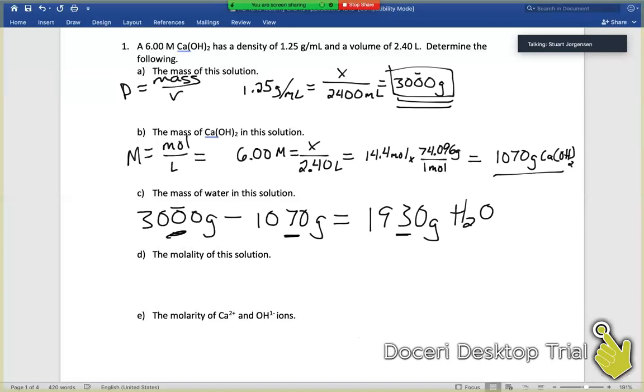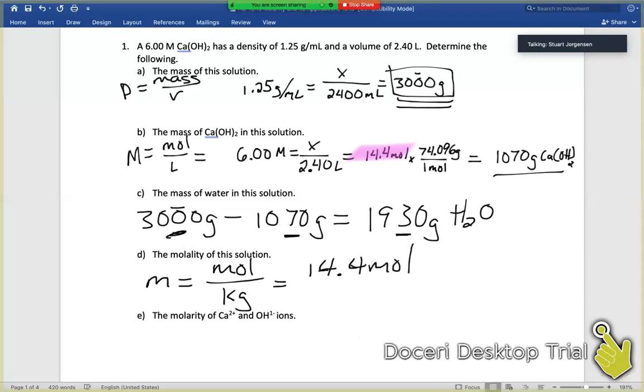Cool. Molality. Molality is little m. That's going to be moles of our solute divided by kilograms of our total solvent. We knew from up above we had 14.4 moles of our solute, 14.4 moles.